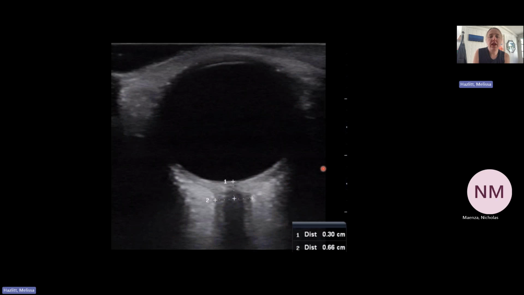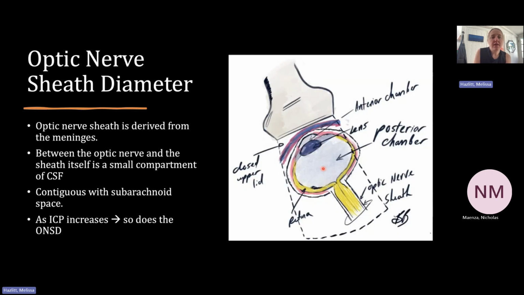And basically, we're just looking at the diameter of the optic nerve sheath. And we're doing that because the optic nerve sheath is actually derived from the meninges. So it's like a small compartment of CSF that's contiguous with the subarachnoid space. So as that pressure increases within the subarachnoid space, so does the optic nerve sheath diameter.